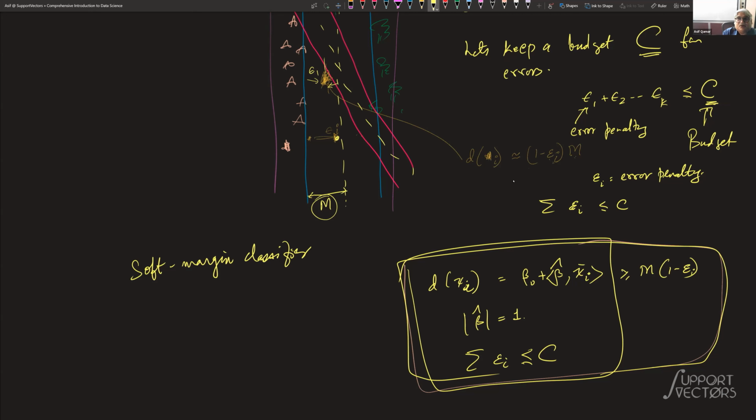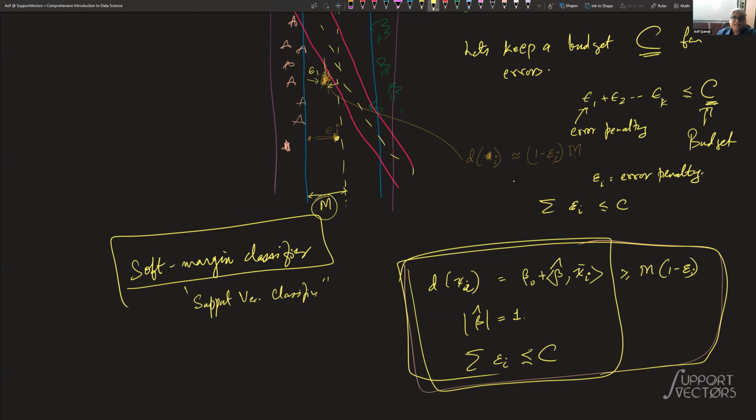Some people also call this the support vectors classifier. I don't. I reserve that for the machines. But use this word, soft margin classifier. Why soft? Because you allow some data points to be inside the margin.